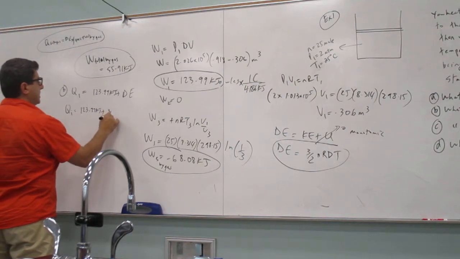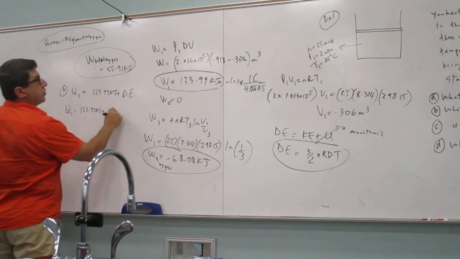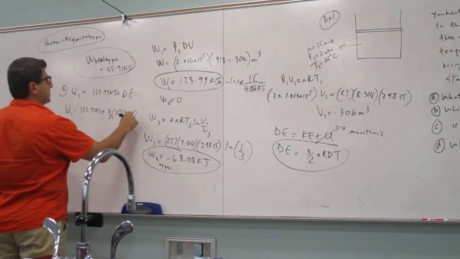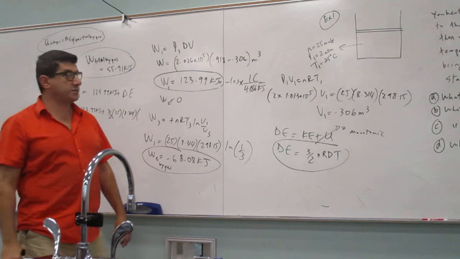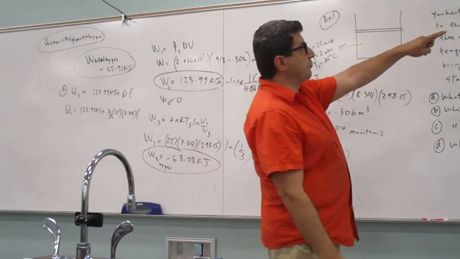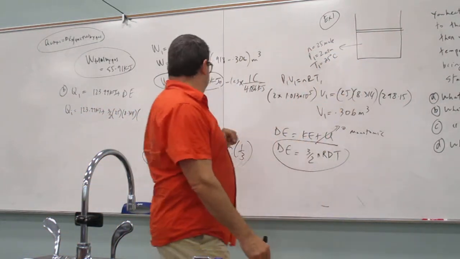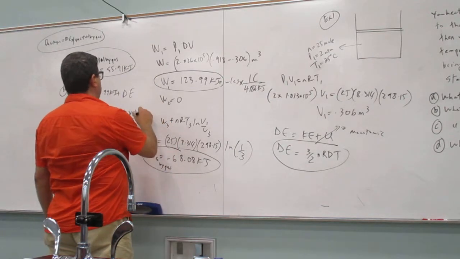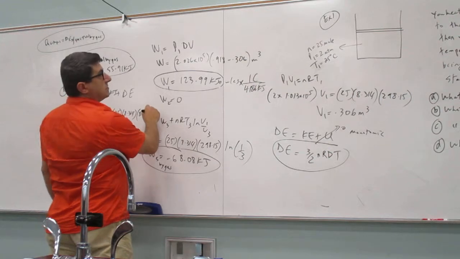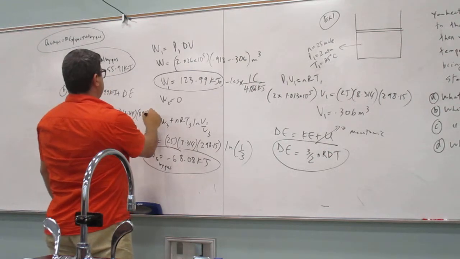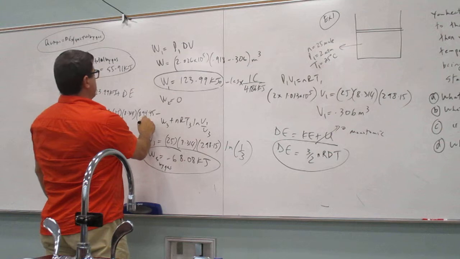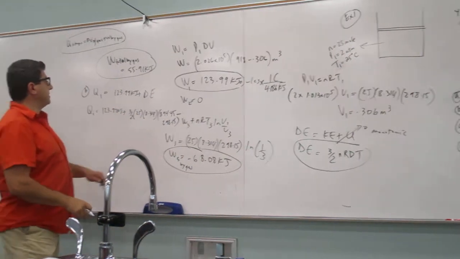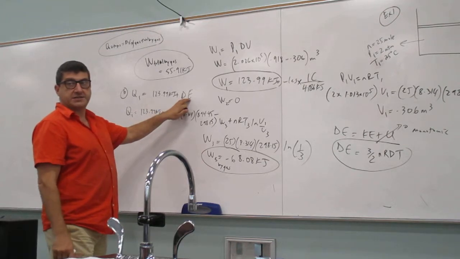So 3 halves number of moles times 8.314 times the change in temperature of the gas, which is 894.45 minus 298.15. That's the change in internal energy of the gas.